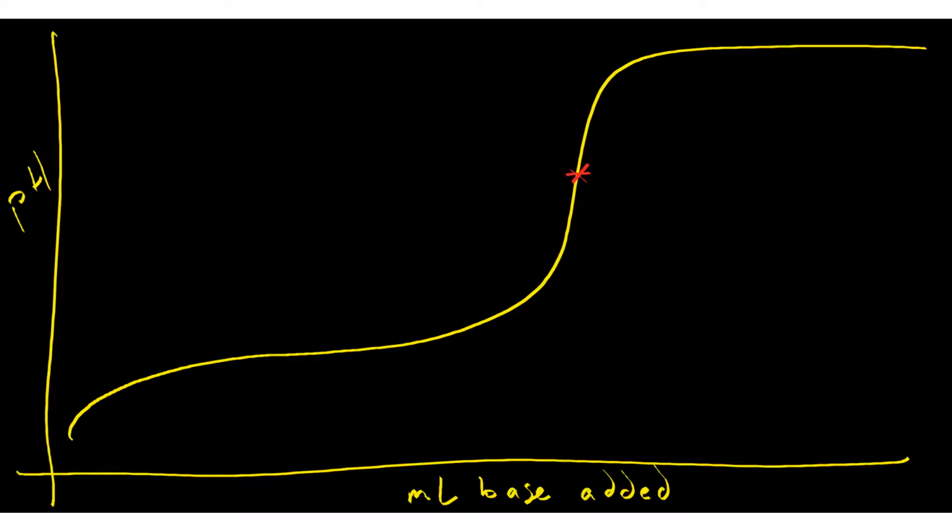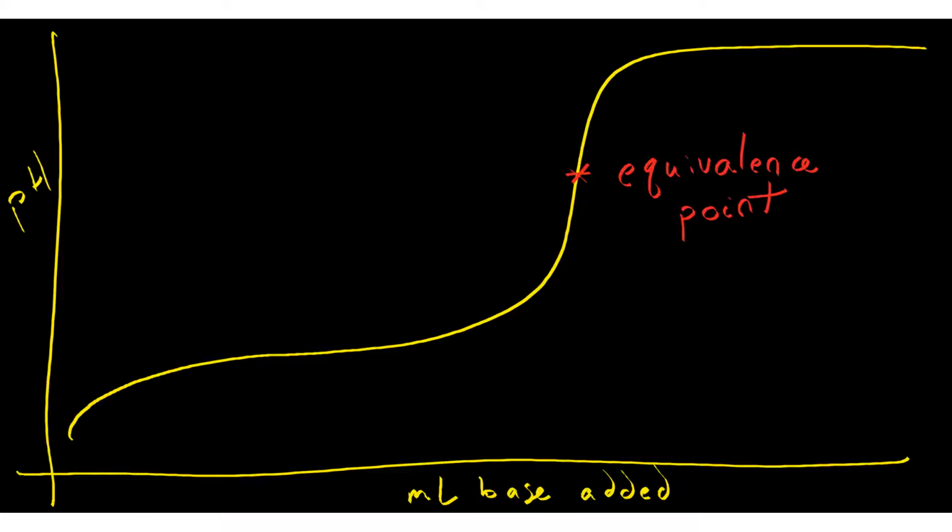middle. Okay? That is known as the equivalence point because you've added an equivalent amount of base, just enough to neutralize it. Okay? The concentrations of your two solutions aren't necessarily the same, but the number of moles will be the same at equivalence.